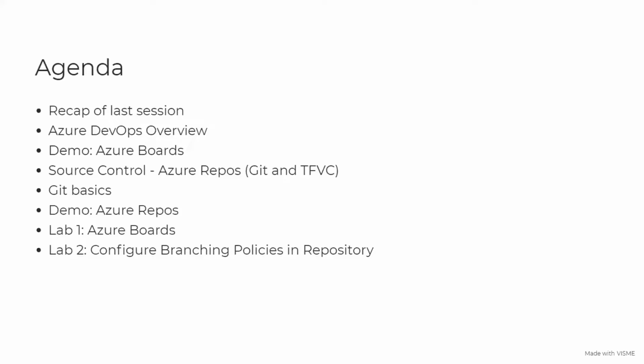Then I'm going to show some demo from Azure Repos, on how we can create repositories and branches, and how you can secure the branches by using branching policies. After that, you have to try Azure Boards and the branching policies in the repository. Those will be labs for you.